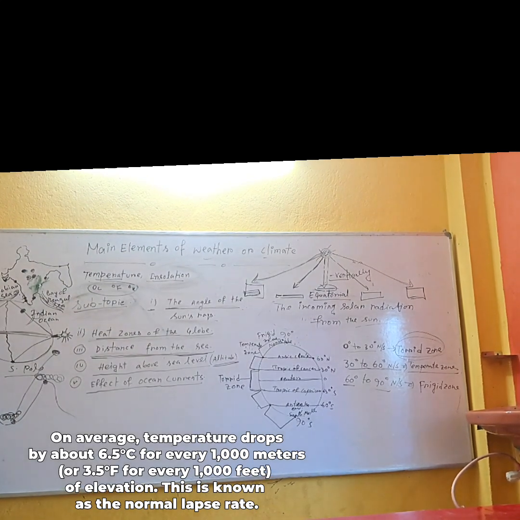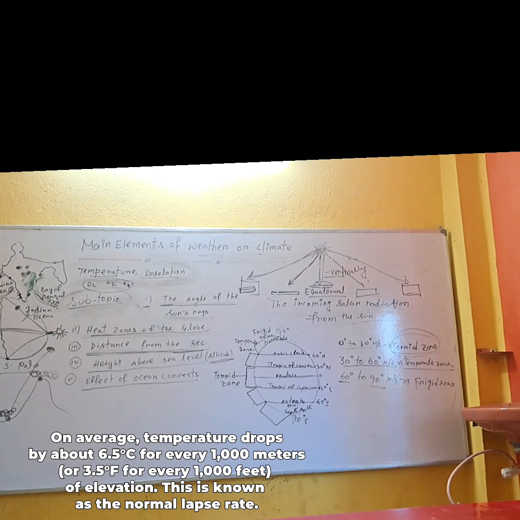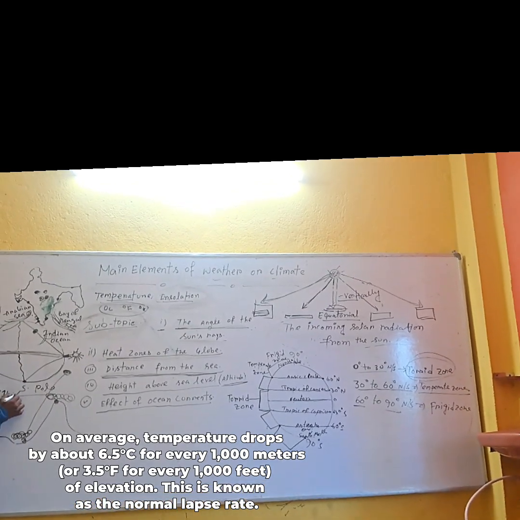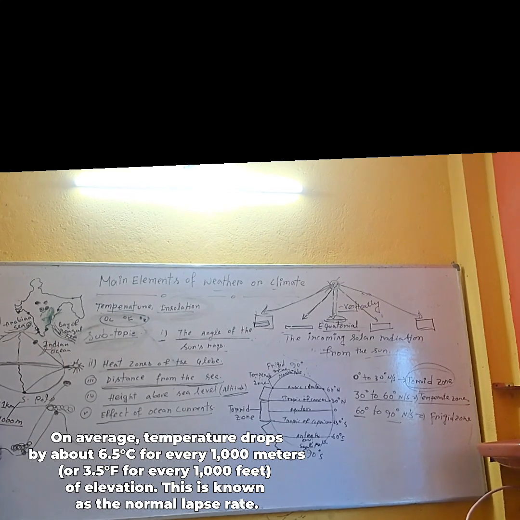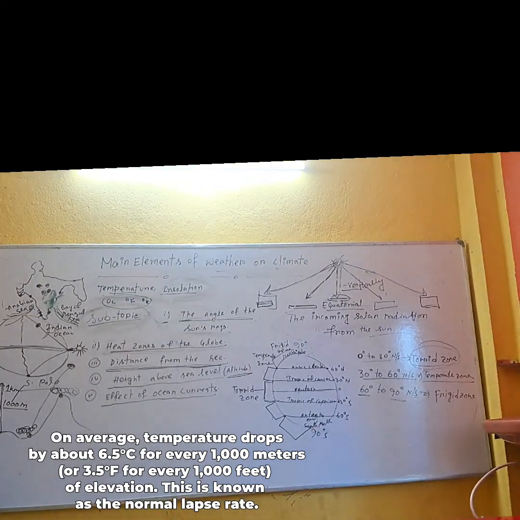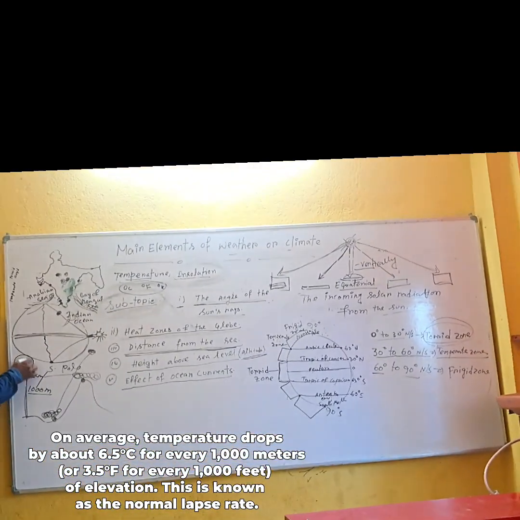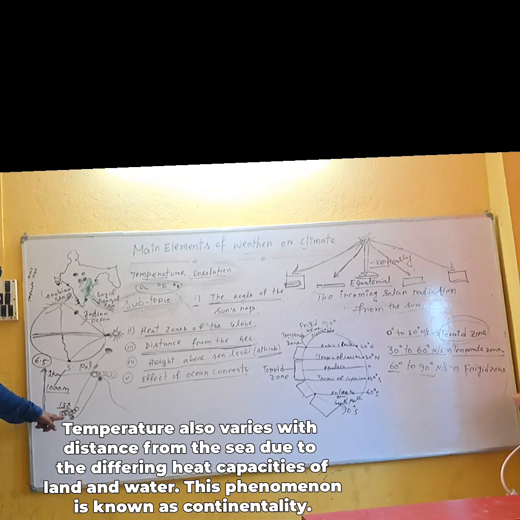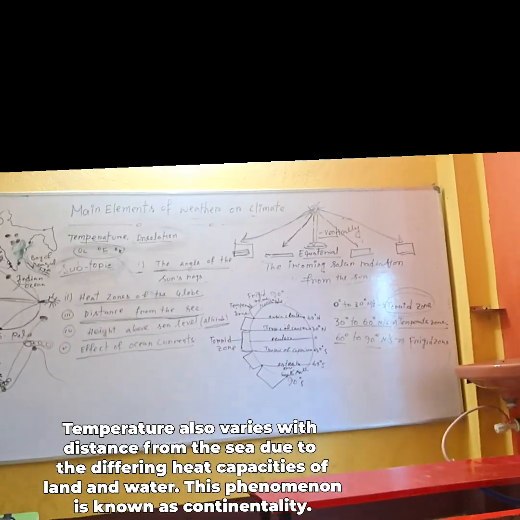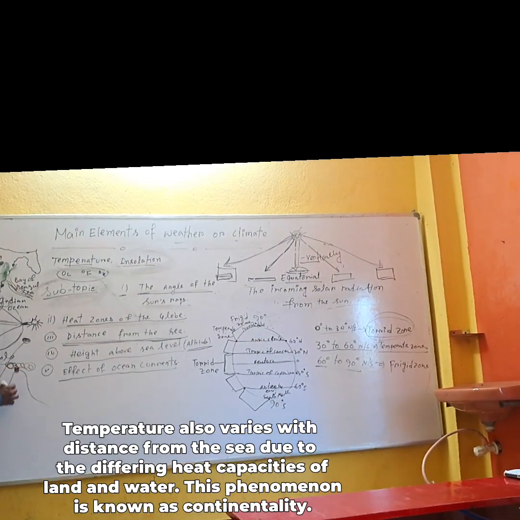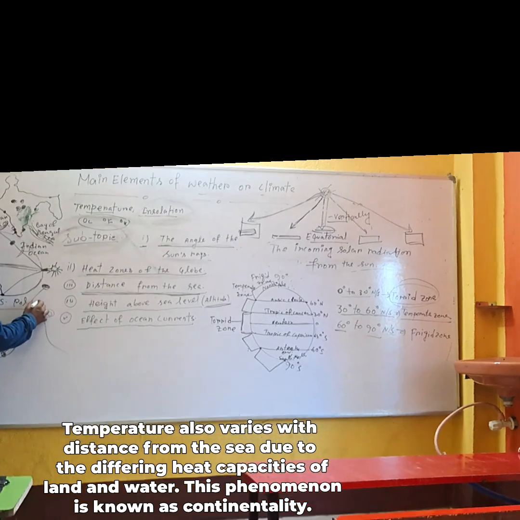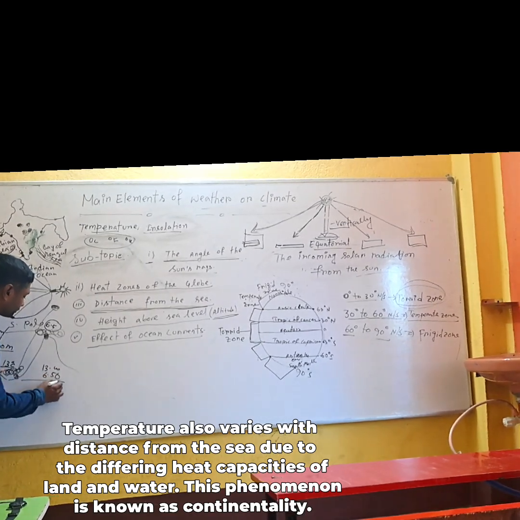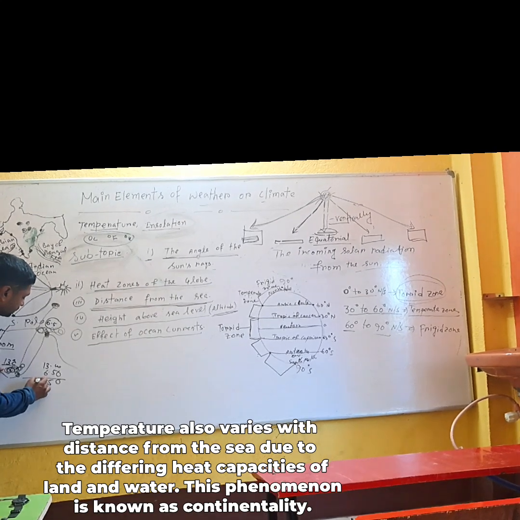So in that way we know that when we go up from sea level, if you go 1 kilometer, or 1000 meters, above sea level, your temperature decreases by 6.5. That means if it is 30 degrees centigrade here in the winter, and you go above a kilometer up, your temperature decreases.